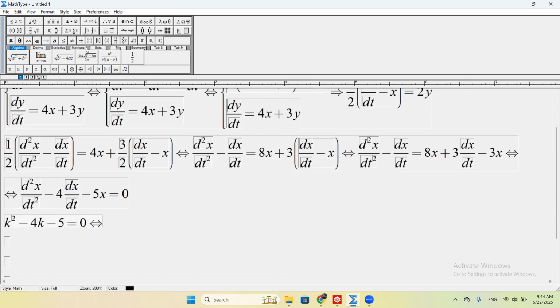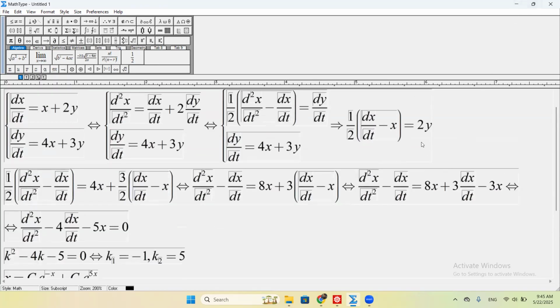Then k1 equals minus 1 and k2 equals 5. So x equals c1 e to the power of minus t plus c2 e to the power of 5t.